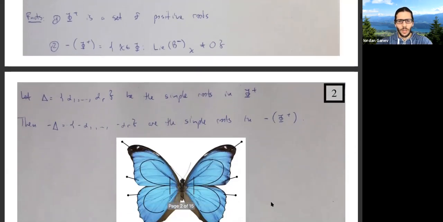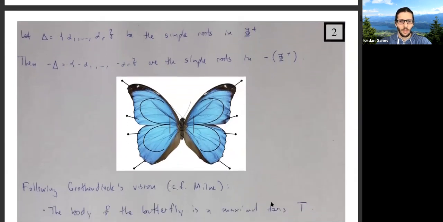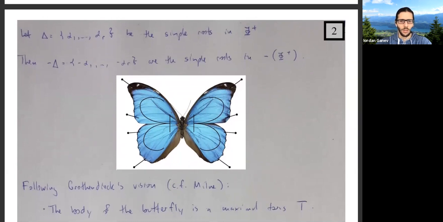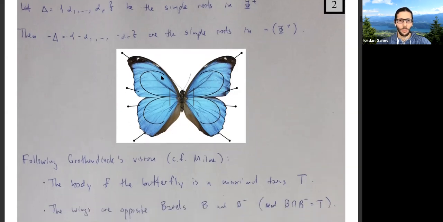Now I wanted to go back to the picture that we had in the first lecture, because now it should make more sense. This is inspired by Grothendieck, and the picture itself is from Milne's book, near the beginning in the introduction, so you can take a look there. This is supposed to be a picture of a reductive group. The body of the butterfly is a maximal torus, and the wings are opposite Borels.